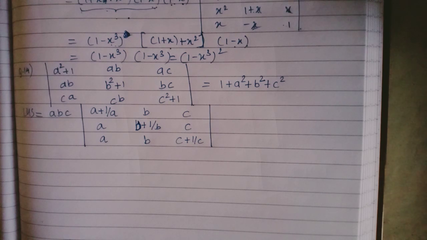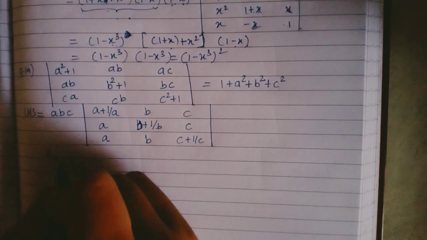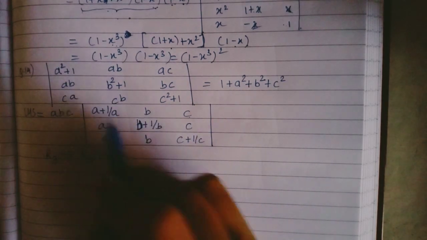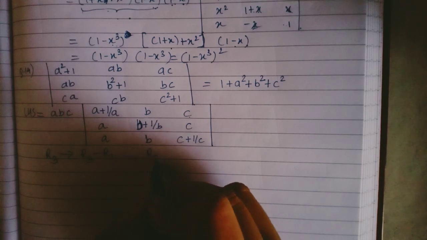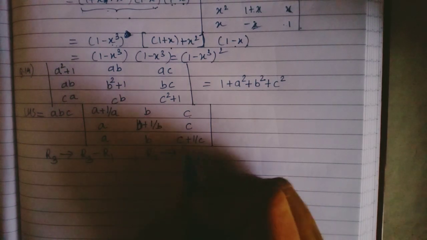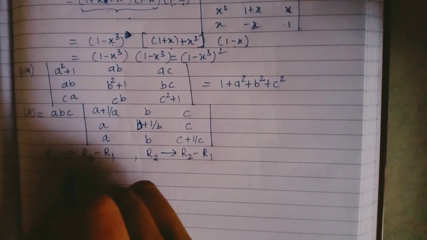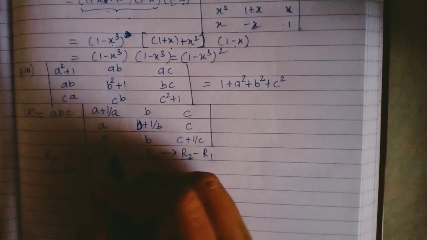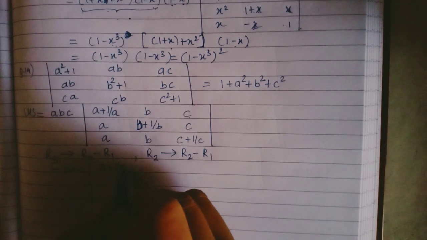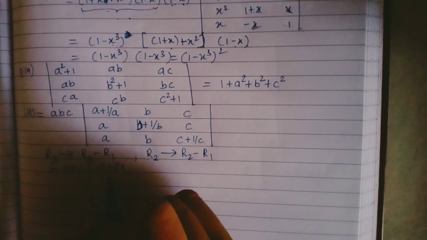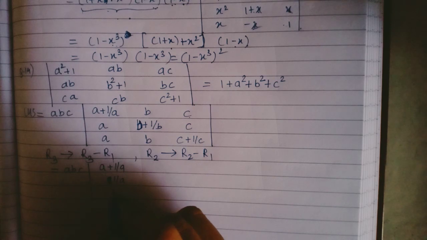Now operating along R2 and R3, let's see what we get. R3 minus R1 and R2 minus R1. I'll get R2 minus R1, so 1 by a, 1 by a.